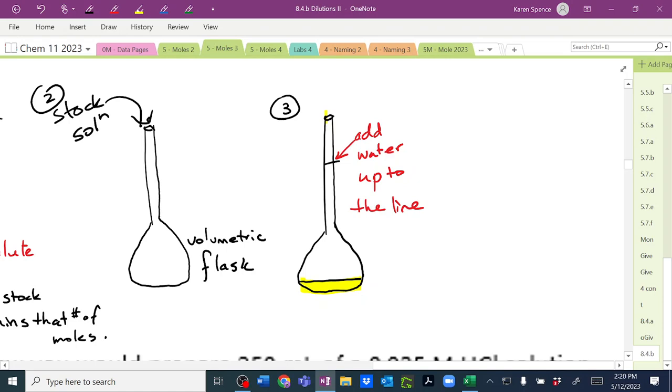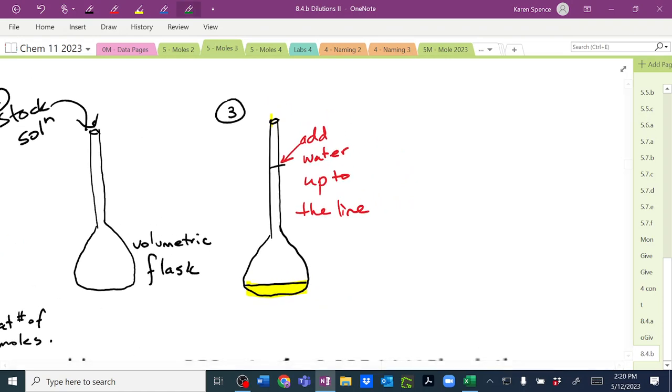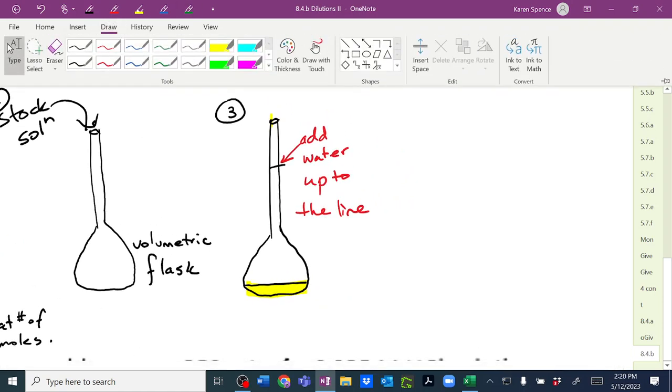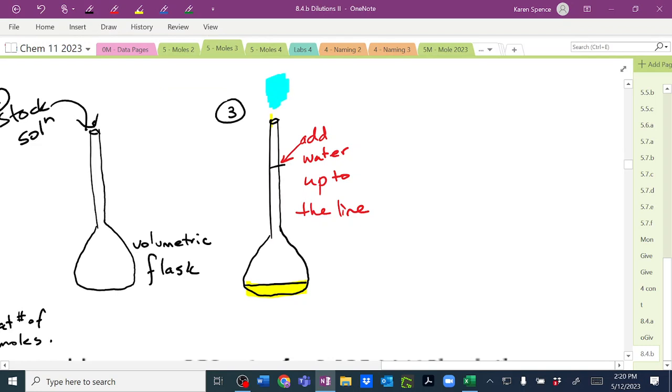All right, so we're going to add water up to the line. In goes the water. That's my water. The reason I don't teach art. Here's now we have our water all the way up to the line.